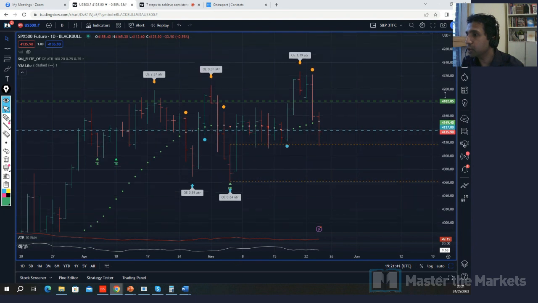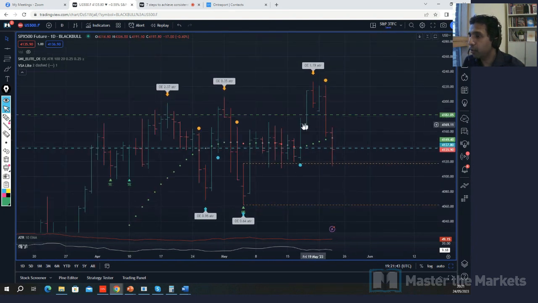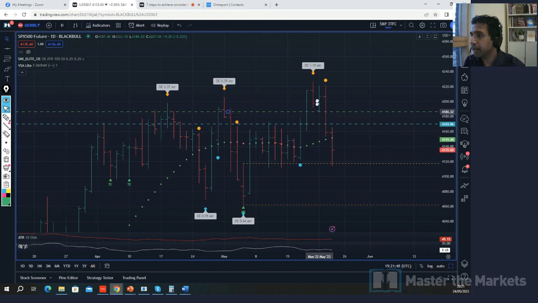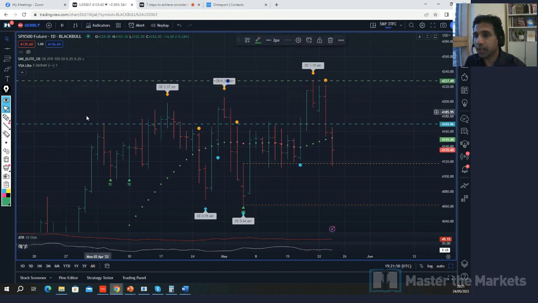So if I take a look at the point of entry over here, and let's say the maximum point that it reached was here, from here to here. But how did it get to that maximum point? How much did it go below the blue line? It is the low of this bar, is it not, traders? And that's where I'll be taking a look.